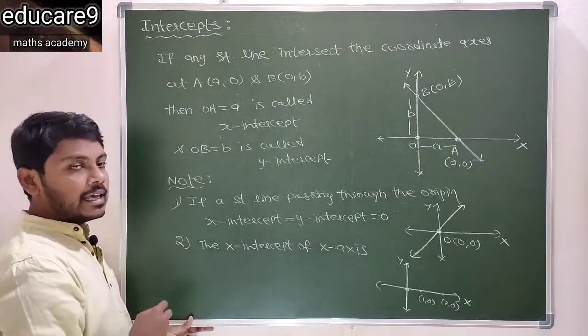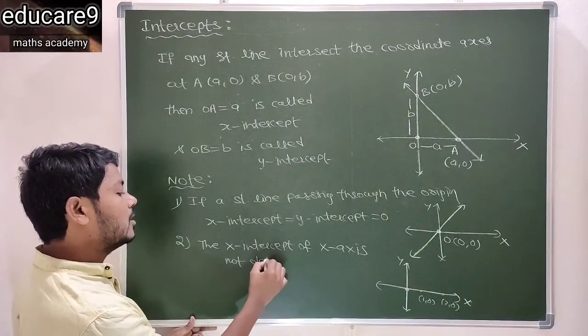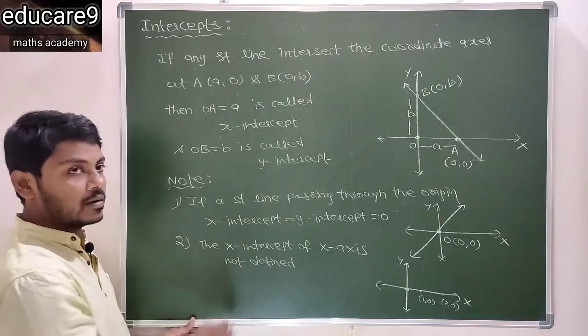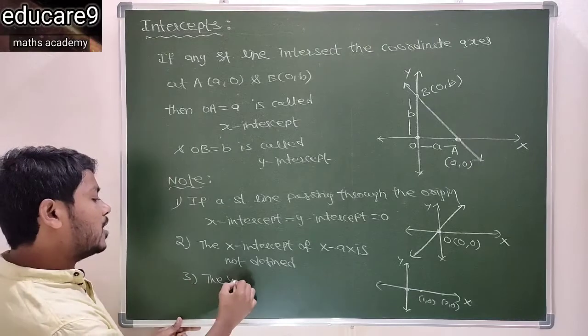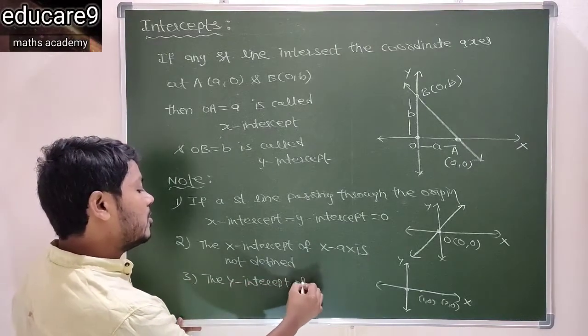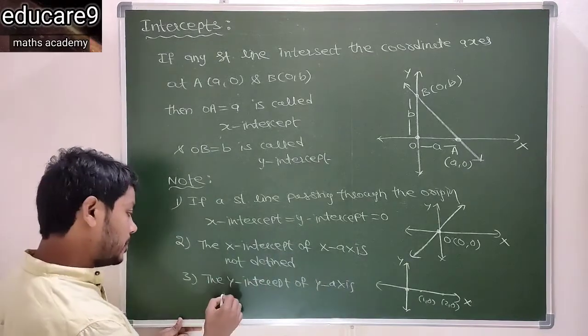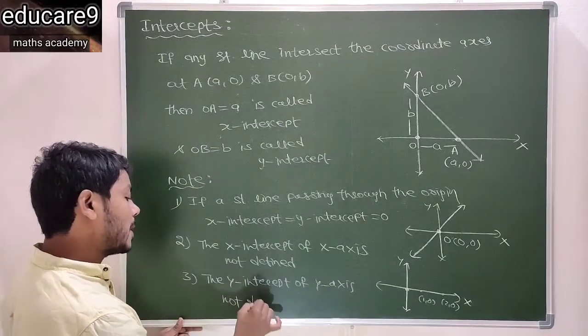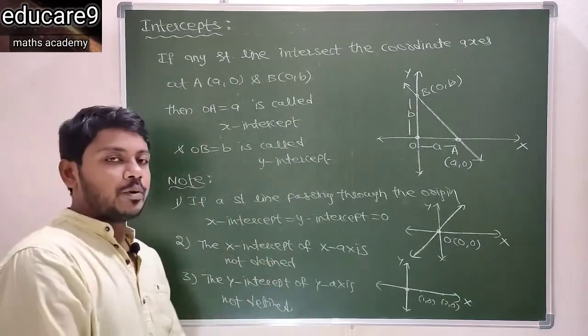So clearly the x intercept is not defined. Similarly, the y intercept of the y axis is also not defined. So these are the three note points.